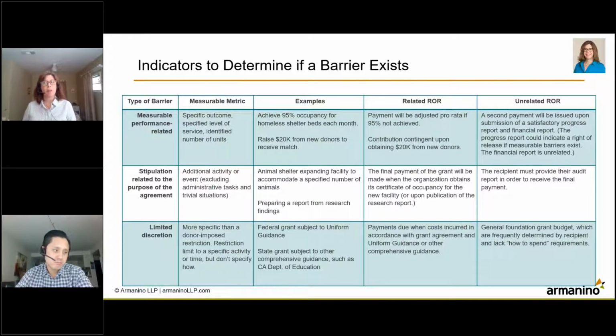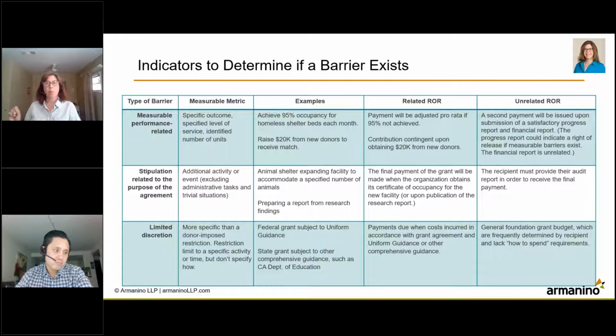An example of an unrelated right of return or release, in other words, something that's just trivial or administrative, is this in the column on the unrestricted ROR, where the recipient must provide a final report on the use of funds, or I'm sorry, a final audit report. So the agreement may say that you have to provide your audit report to the funder, and it's even possible that they would hold up payment.